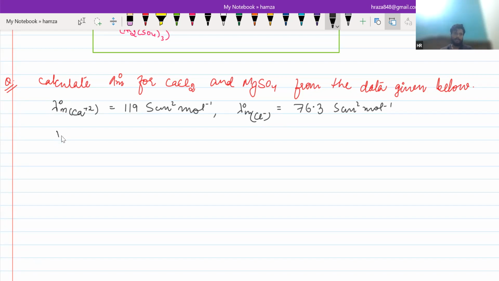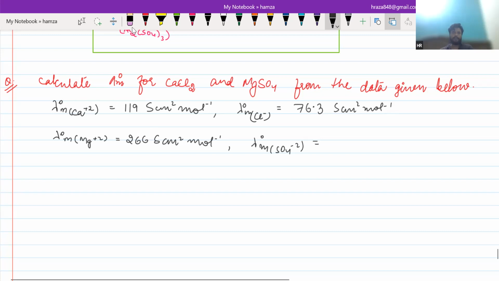And also it is given that lambda naught m for Mg plus 2 will be equal to 106, sorry, this is 106, and lambda naught m for SO4 minus 2 is 160 Siemens centimeter square per mole. So we need to calculate. Can you do this or I should explain?